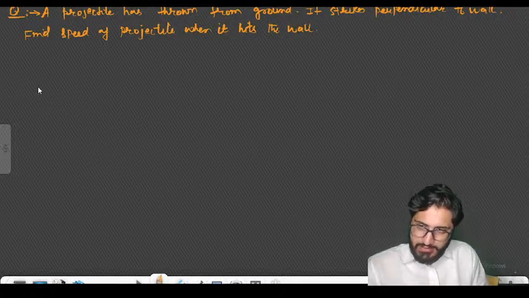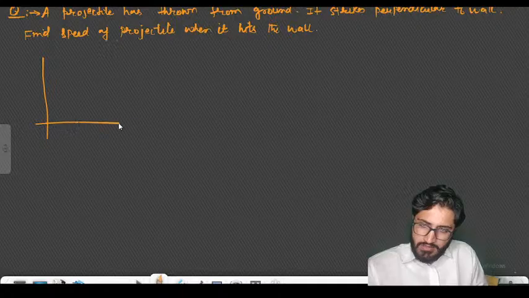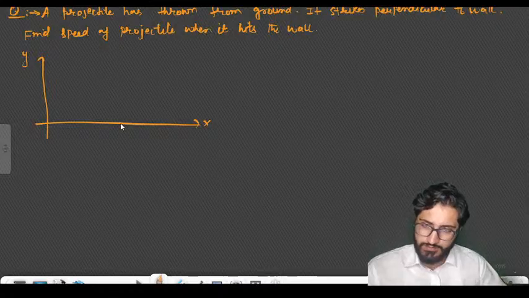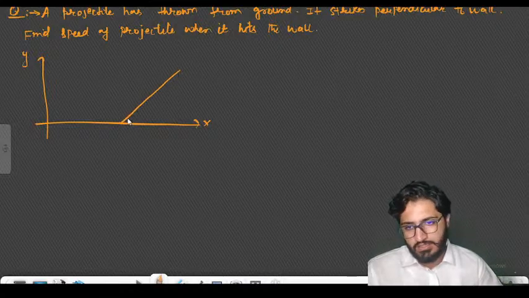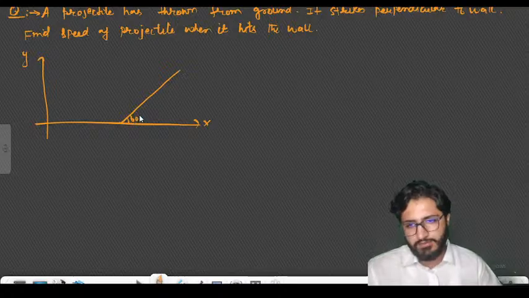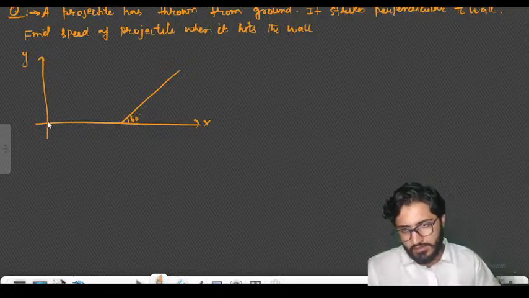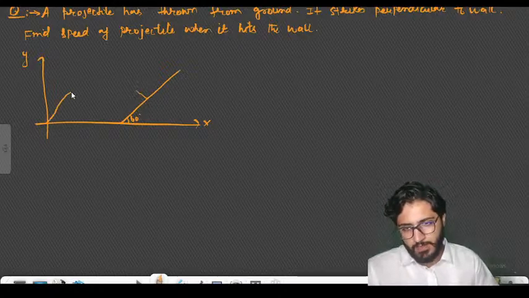That simply means this is my projection, x-y. Here is my wall. This is angle 60 degree now. So my projection would be like this.